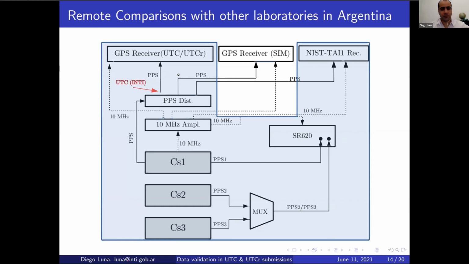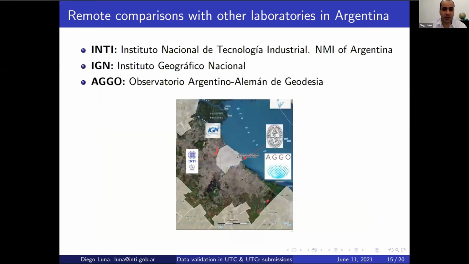On the other side, we also use another receiver that we have to make remote comparisons with other clocks, but inside the country. Here in Argentina, there are many laboratories, but we collaborate with other time and frequency laboratories that do contribute to UTC.